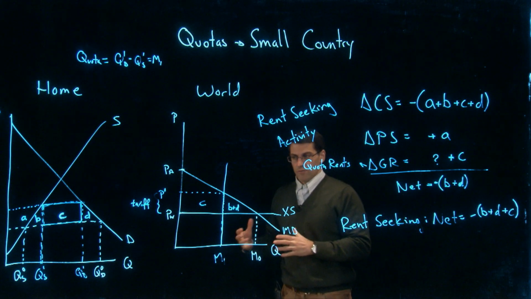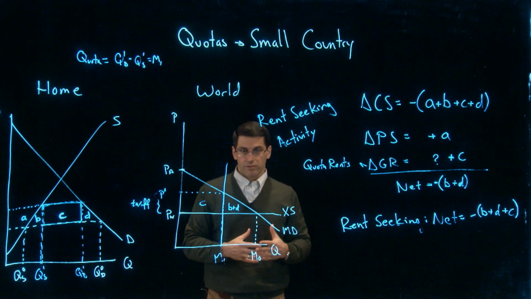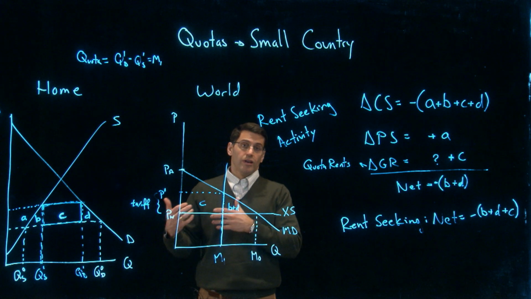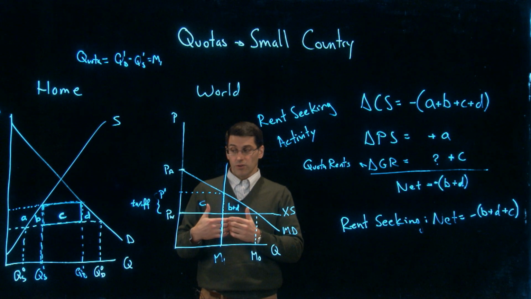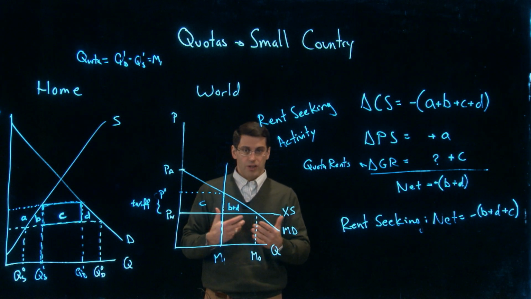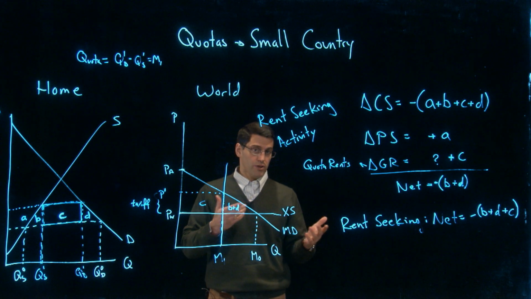So in the end, for a small country, quotas are at best equivalent in welfare impact to a tariff. In worst case scenarios, they're actually worse than a tariff. So if you're considering either or as a government, tariffs are going to be the better way to go.